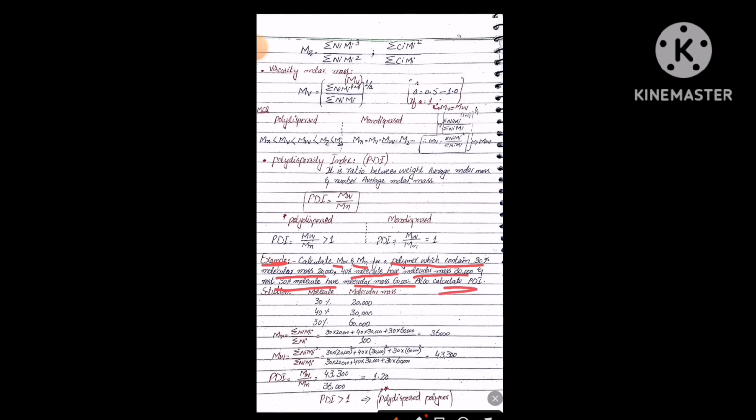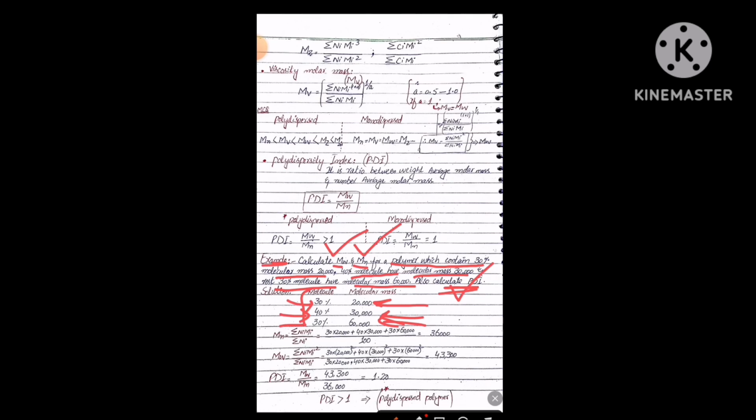Also calculate the PDI. Three things are required: one is Mw, second is Mn, third is PDI. Here are the three types of molecules: 30%, 40%, 30%, with molecular masses 20,000, 30,000, and 60,000.